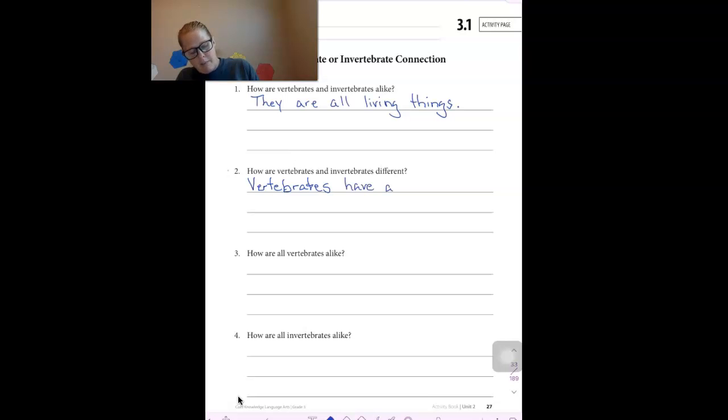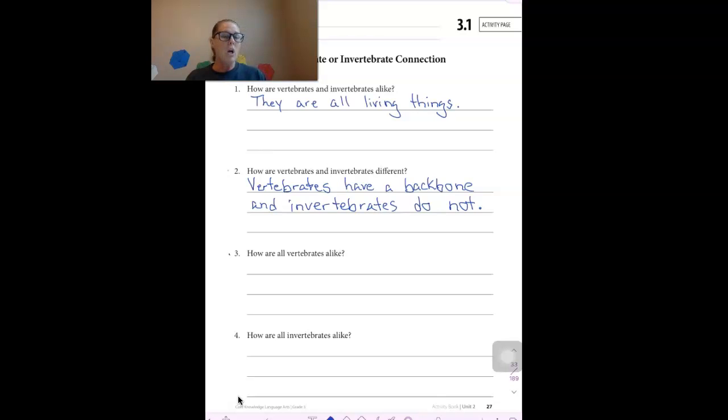Vertebrates have a backbone and invertebrates do not. That's their main difference.